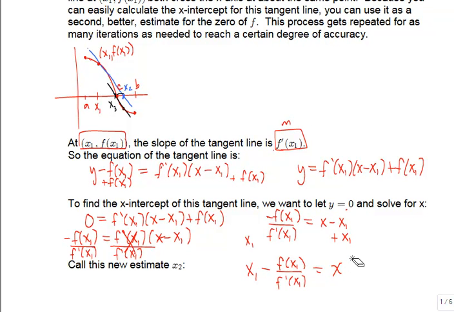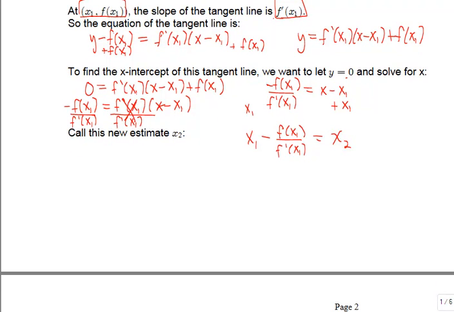So once I have x solved for, this now became my new x-intercept right here, became my new guess. So I called it x sub 2. So we're going to call this now x sub 2. Now if you repeat this process, then x sub 3 would look very similar, but now we would be using x sub 2 minus f of x sub 2 over f prime of x sub 2.